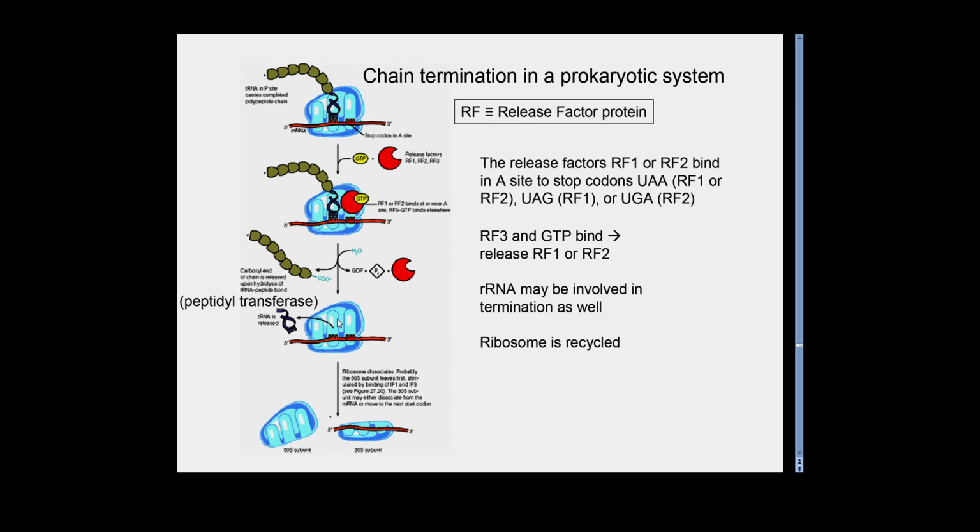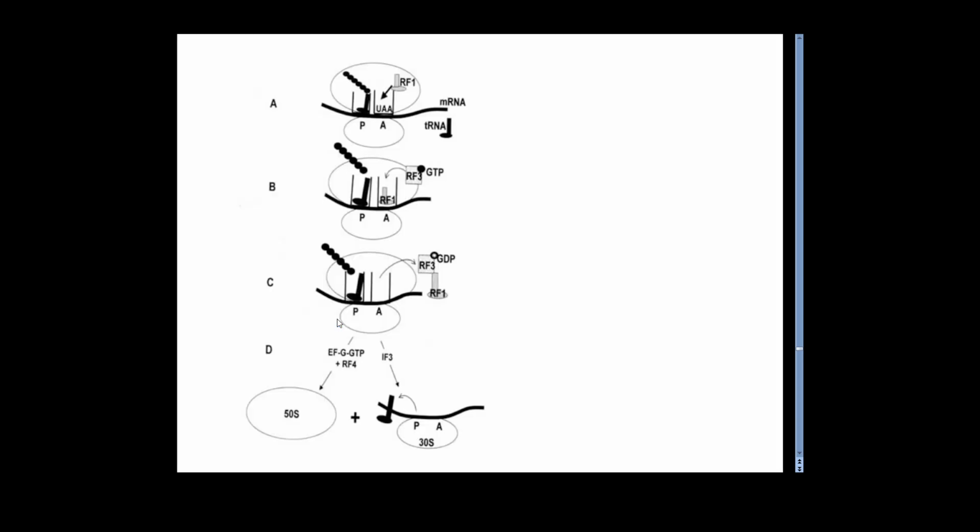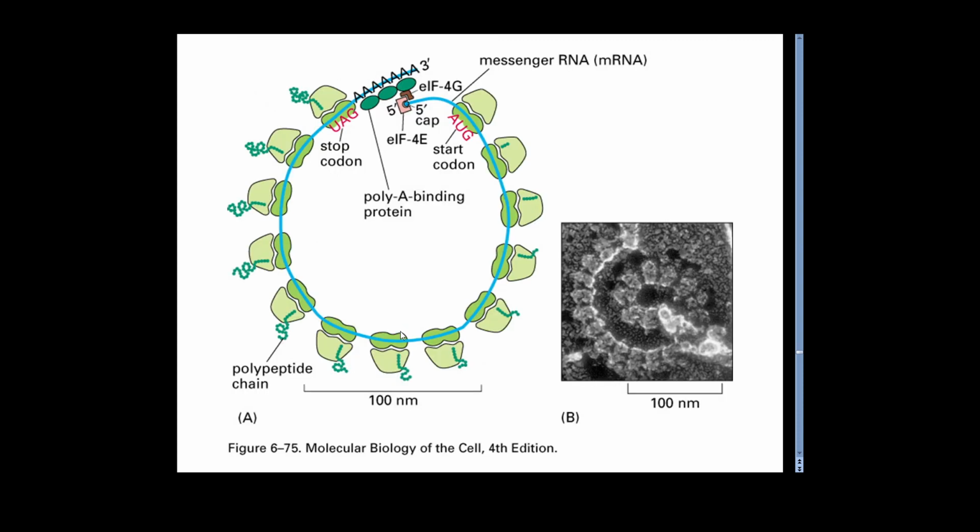And later it leads to dissociation of the ribosome. Now you can see releasing factor 1 bound, releasing factor 3 will lead to stop and dissociation of the ribosome. One messenger RNA can bind with multiple ribosomes with forming of polysomes.